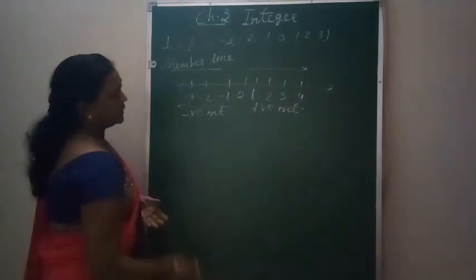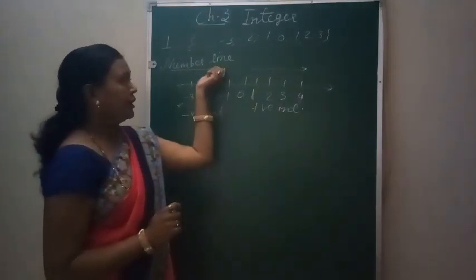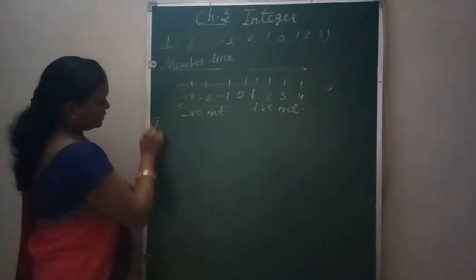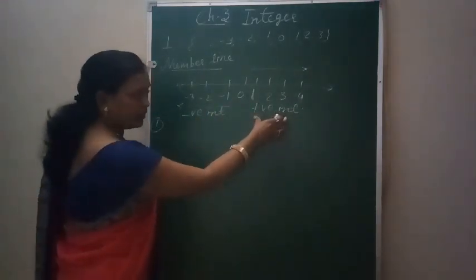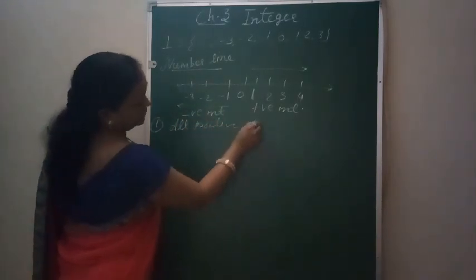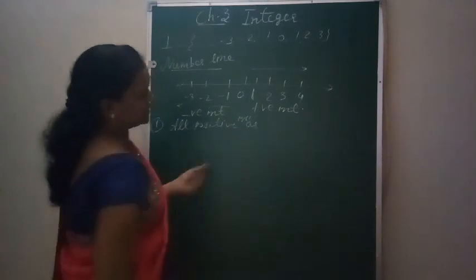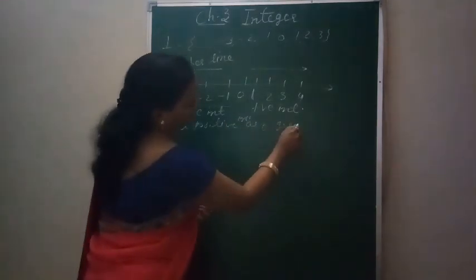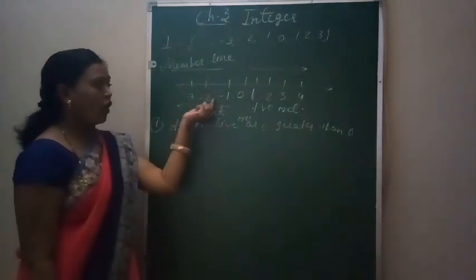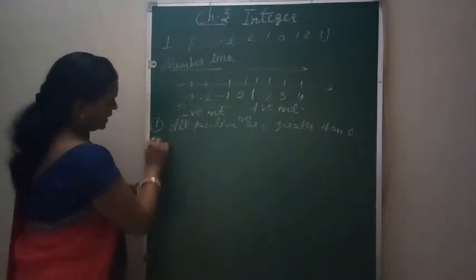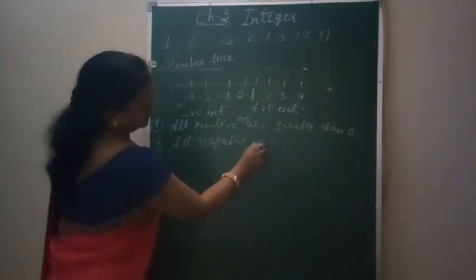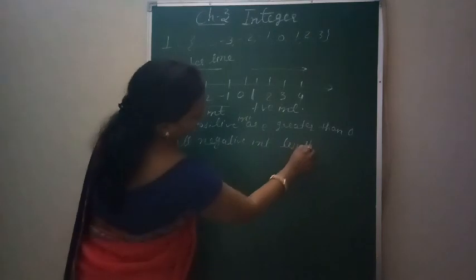When we see the number line, here are some interesting facts about integers. When we go through the positive integers, all positive integers are greater than 0, and all the negative integers are less than 0.